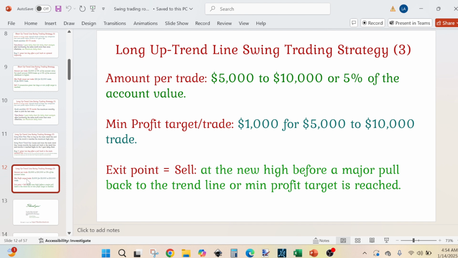And for this strategy, we are allocating more per trade, and we are targeting more profit per trade as well.